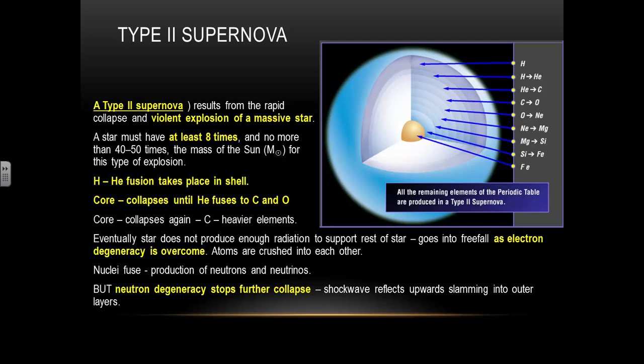The neutrons cannot crush into each other. And then you get this rebounding shock wave which goes upwards and slams into the outer layers. Then the surface temperature of the star goes from 4,000 Kelvin up to 20,000 Kelvin in seconds. And this is the supernova explosion. What is left is a neutron star.